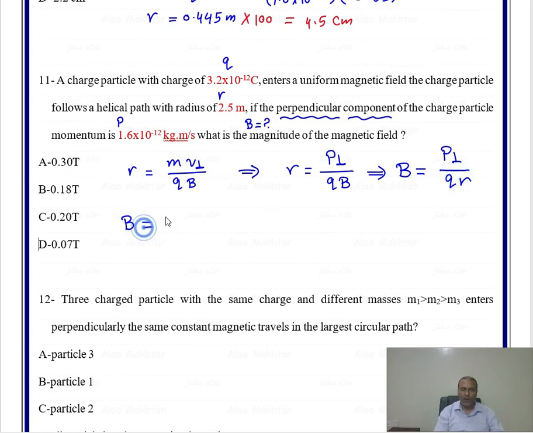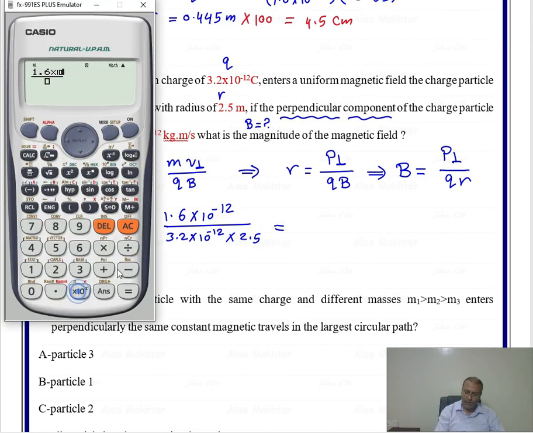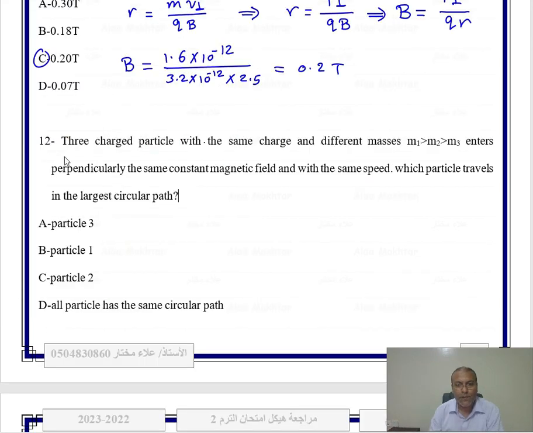B equals 1.6 times 10 to the negative 12 over q, which is 3.2 times 10 to the negative 12, times radius 2.5. Using your calculator, it's 0.2 Tesla.